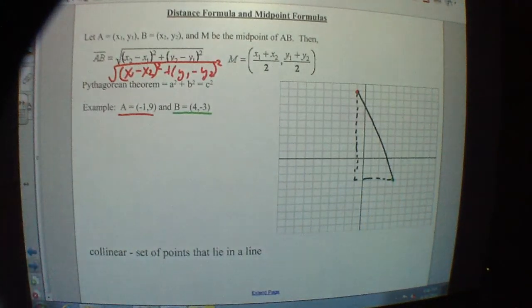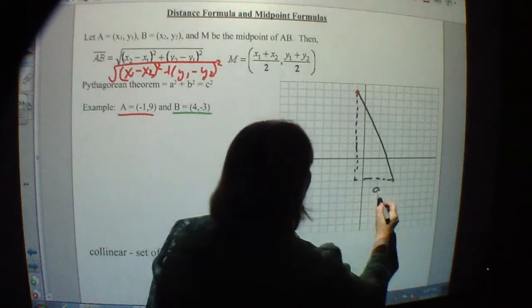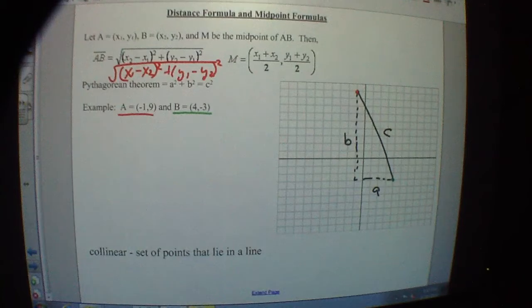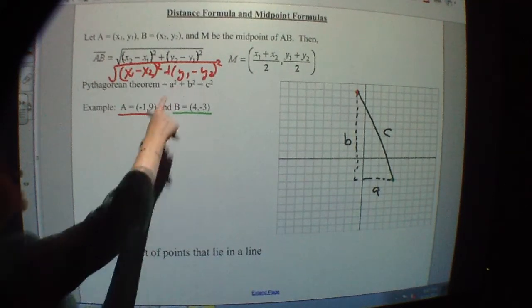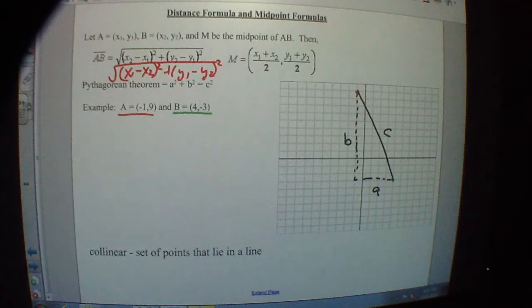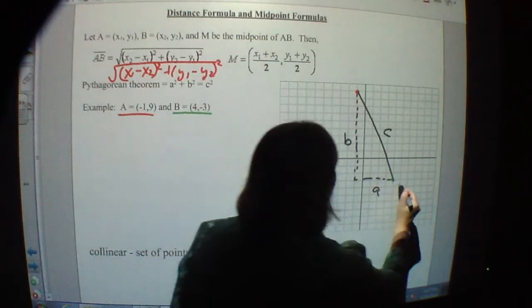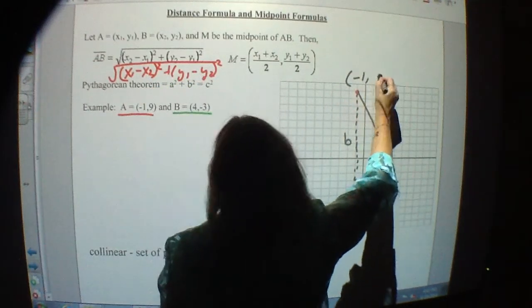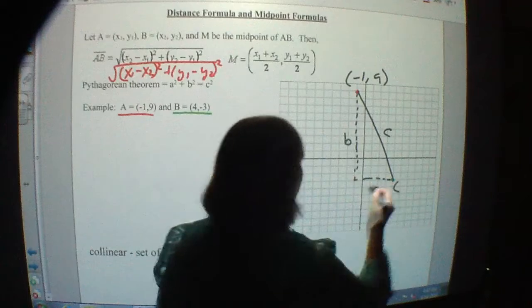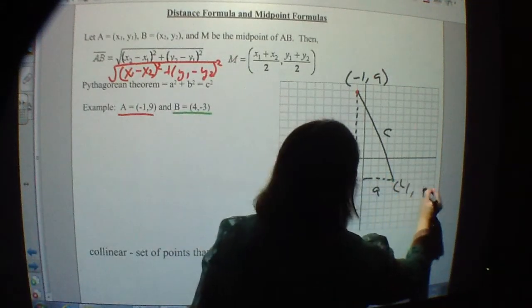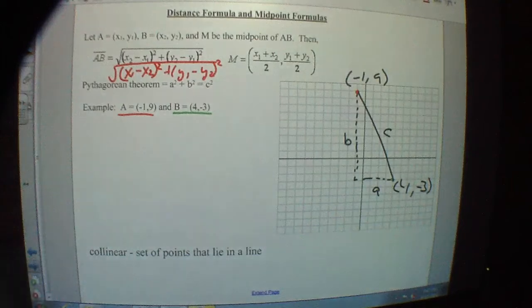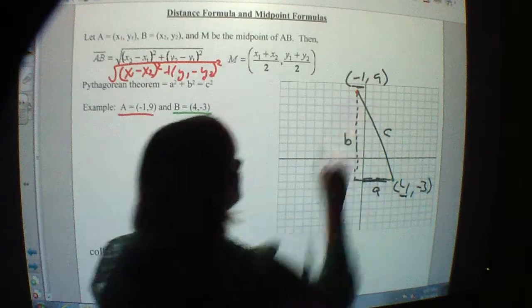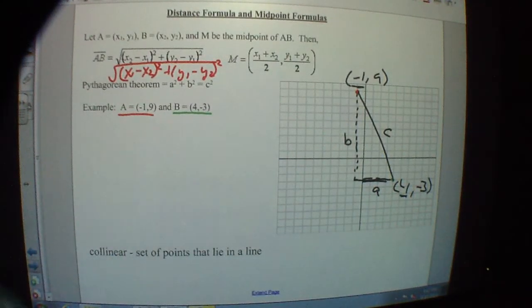If I draw a triangle, you know that a squared plus b squared is equal to c squared, right? And a, if this point right here, the first point, is negative 1, 9, and the second point was 4, negative 3, this distance here is the difference between 4 and negative 1.